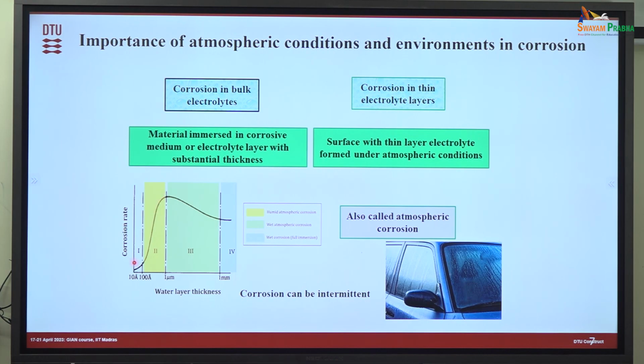Then as the thickness increases, the conductivity increases, and you reach a point where conductivity is no longer a limiting factor. Since conductivity is no longer limiting, you have much higher oxygen access because of the lower thickness. That means the limiting current, which we usually experience because of oxygen, will not happen. And then you get a higher corrosion rate.